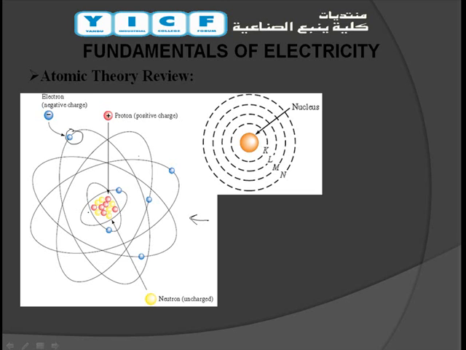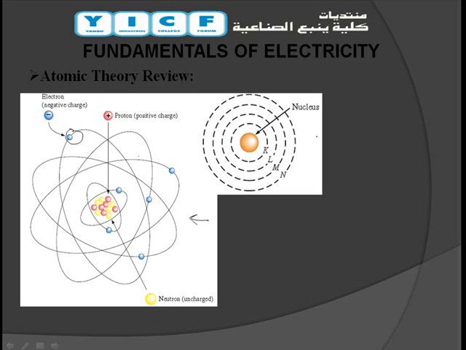Electrons orbit the nucleus, as we see, in spherical orbits called shells, designated by letters, here K, L, M, and N shells. It depends on the number of electrons whether all these shells are here or not, because each shell consists only of a certain number of electrons.